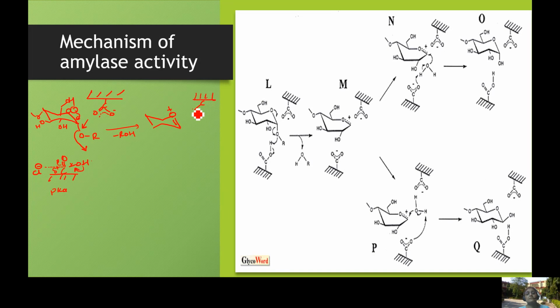So this carboxylate group is involved in stabilizing the positive charge on the oxygen here. And in the next step, the water molecule will come. The water molecule can come from below the plane or it can come from above the plane.